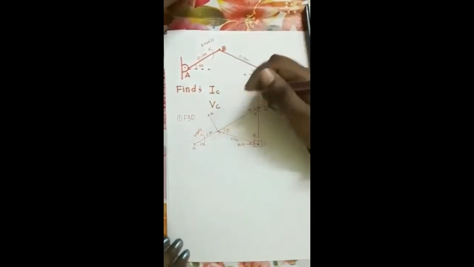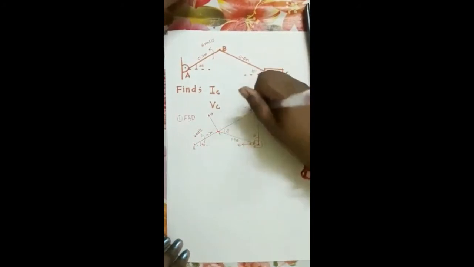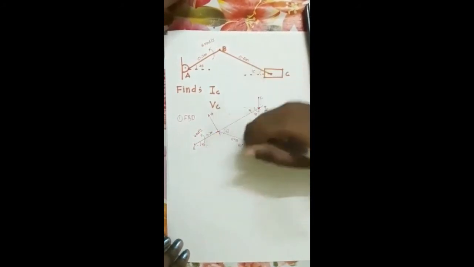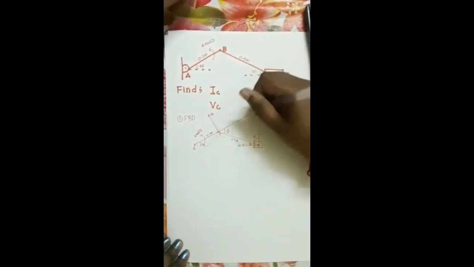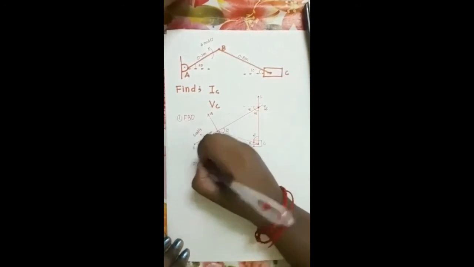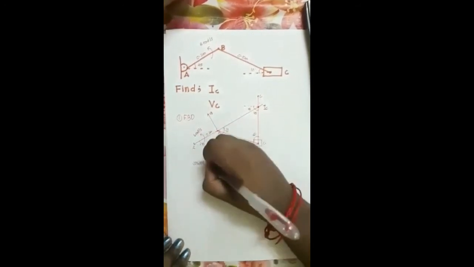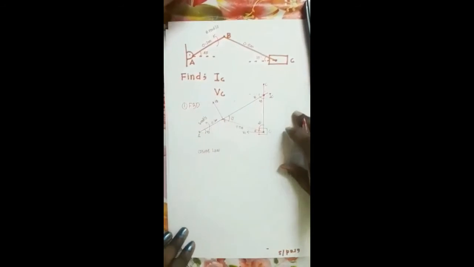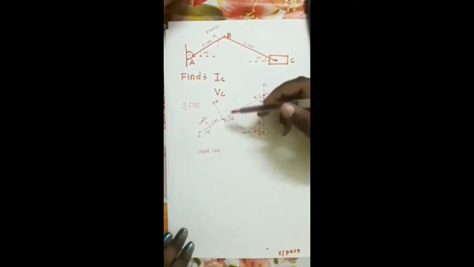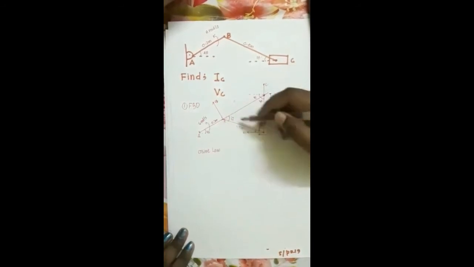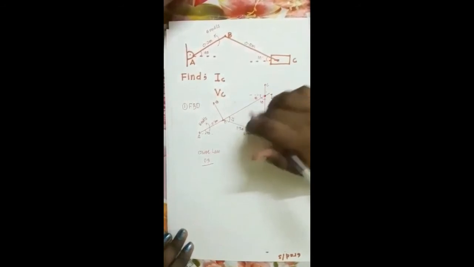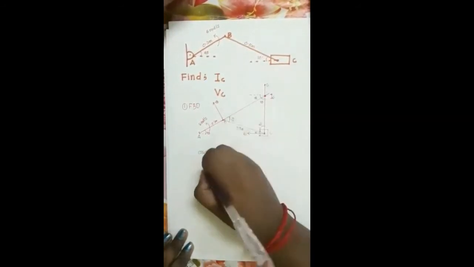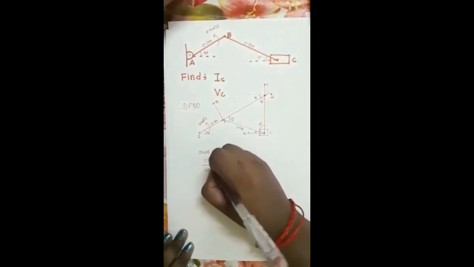Okay. Now we need to find out the length of B to IC and C to IC. To proceed this question, we need to use the cosine rule since we have all the angles. Length B to C given 0.5. The opposite angle is 45. So sine 45.